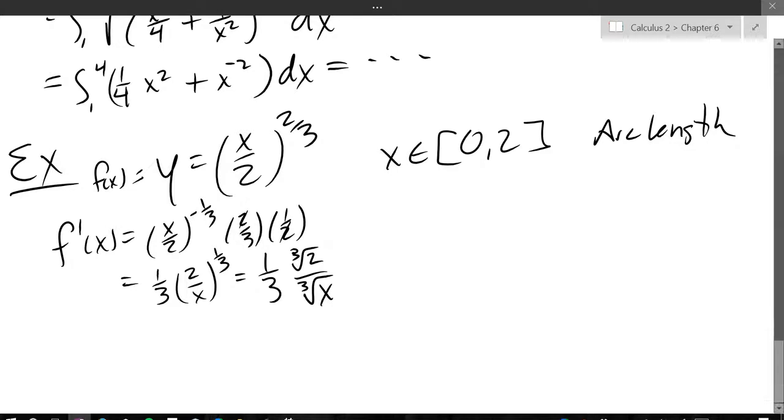So we had a power rule and a chain rule happening. So make sure you get both of those constants. Multiply by the 2/3, and then you get a 1/2 from the chain rule right there.